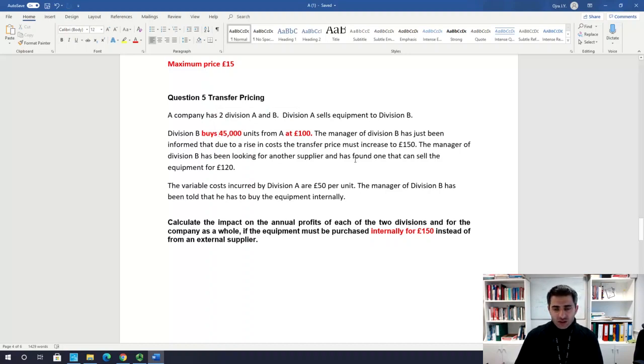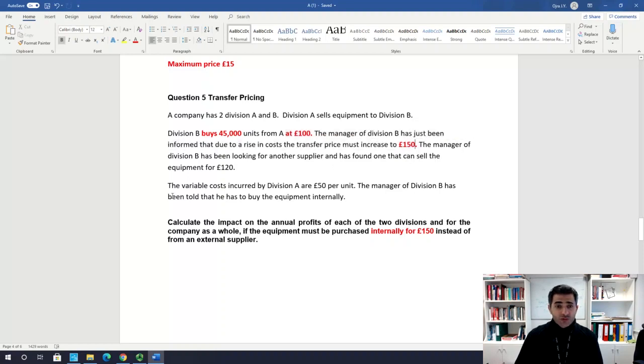The manager of division B has just been informed that due to an increase in cost, the transfer price must increase to £150.